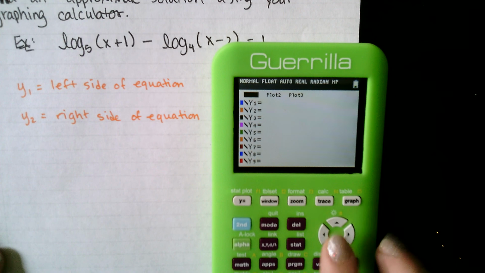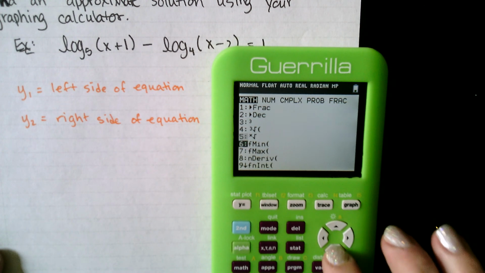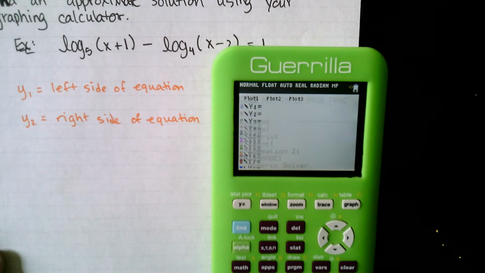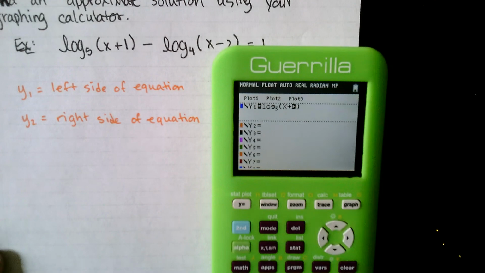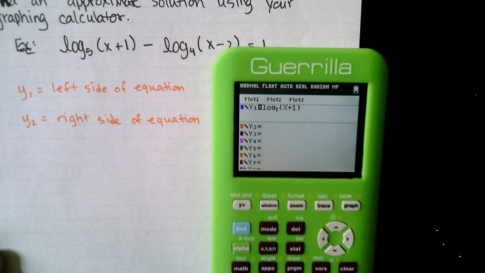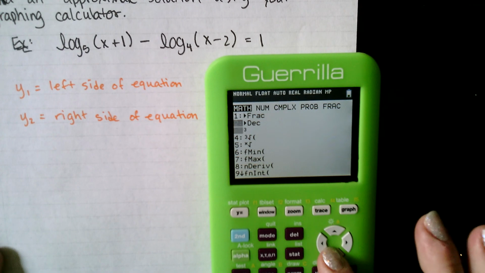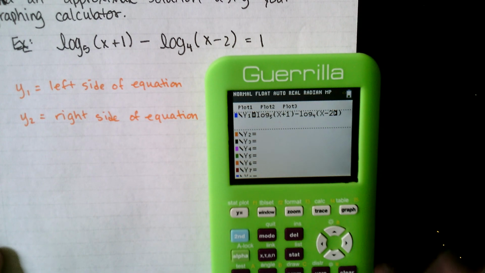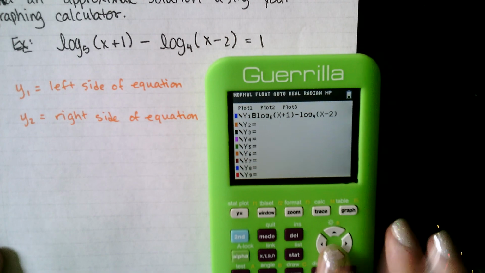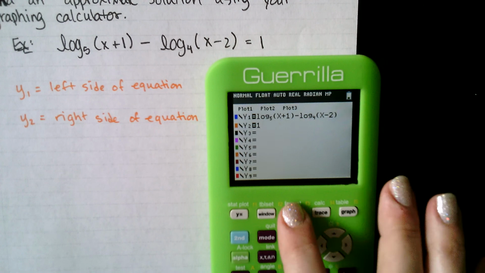So in y1, I'm going to put math, log base 5 of x plus 1, minus log base 4 of x minus 2. And in y2, I'm going to put 1, except I typed 2. And then we're going to look at our calculator.